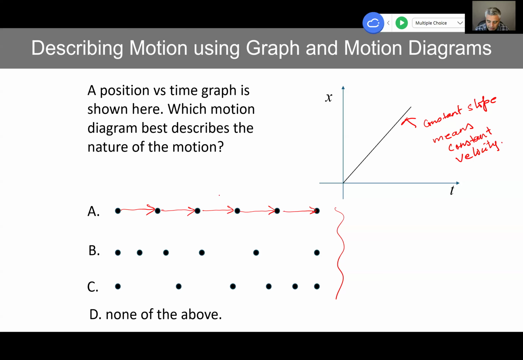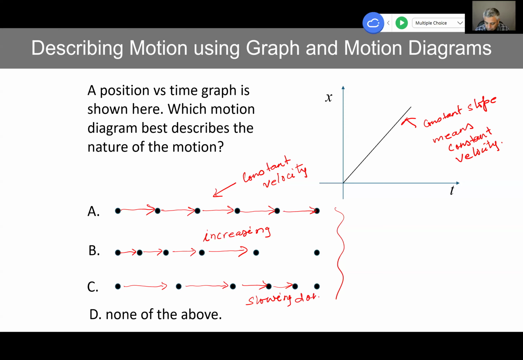So that is constant velocity. Not changing means constant. Over here, increasing or speeding up. Over here, it looks like slowing down. Okay, so that's why A is the correct answer in this case.